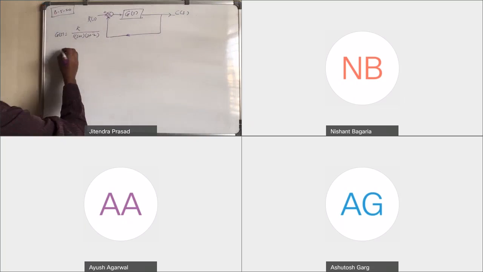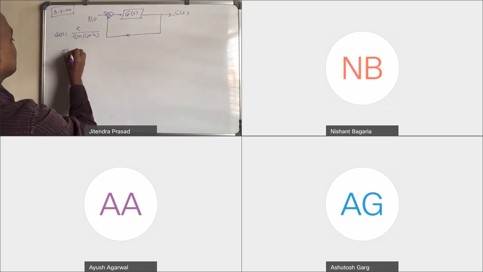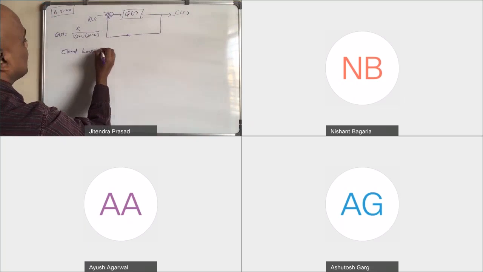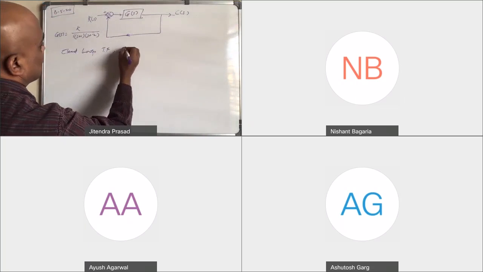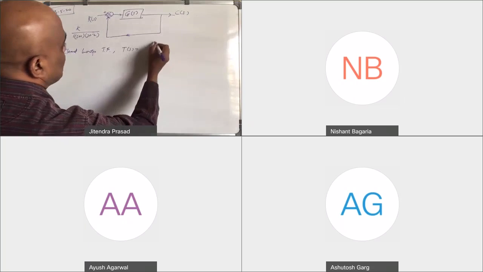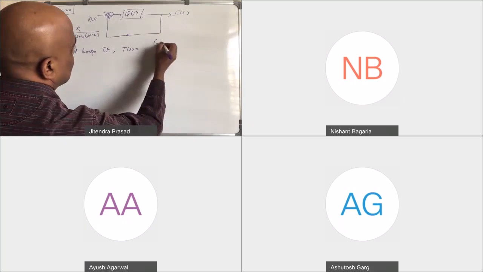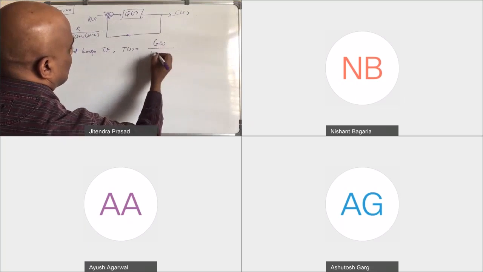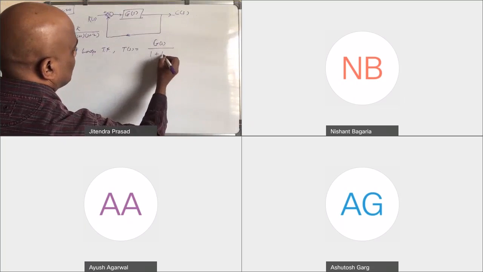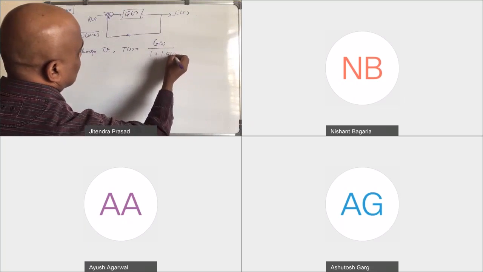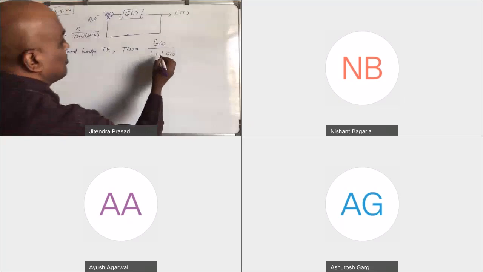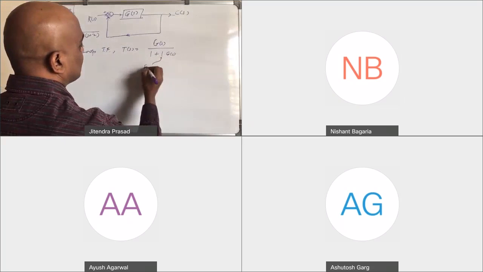And how do you find out? You find out the closed loop transfer function. TS will be equal to GS over 1 plus GS, and the 1 is for the feedback.